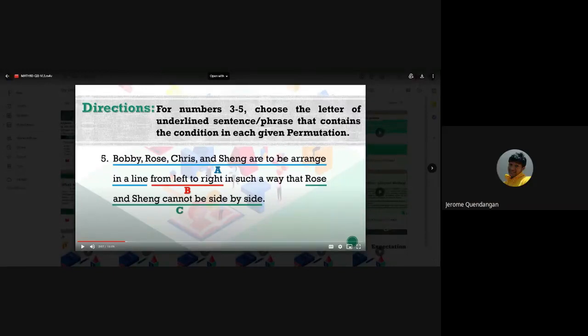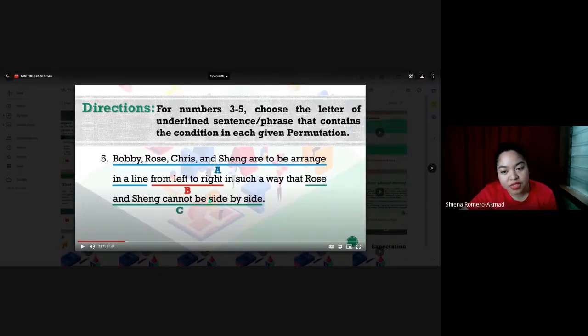C, ma'am. So the answer is letter C, because there are two persons that don't want to sit together. And that is Rose and Sheng, they don't want to sit side by side.